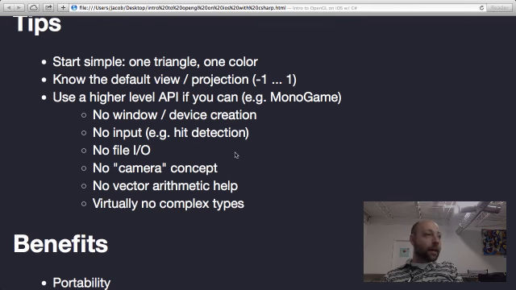There's no file I/O, and we typically need to read shaders from files. OpenGL won't help you with that. There's really no concept of a camera, which is strange. There's even no help, like we talked all about how important vector math is, and basically they don't help you on the CPU side with the vector math. Again, OpenTK will come and fill in the gaps there, or Monogame if you're using that.